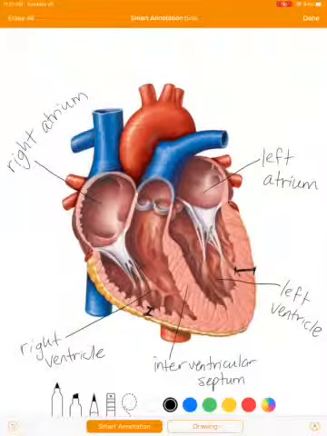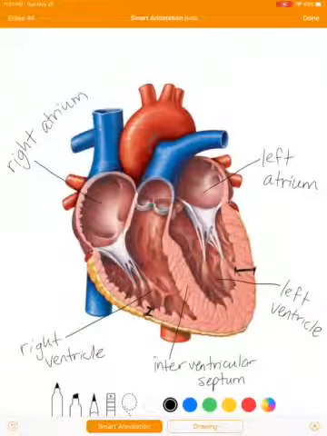And that obviously separates the right and left ventricles from one another and keeps them distinguished from one another. Now you also notice that there are structures separating the atrium and the ventricles, and then also separating the ventricles from the major vessels that carry blood out of the heart.